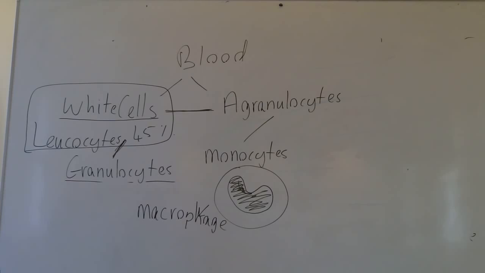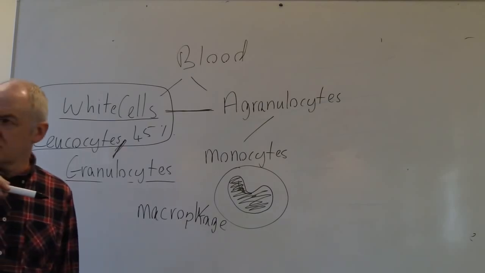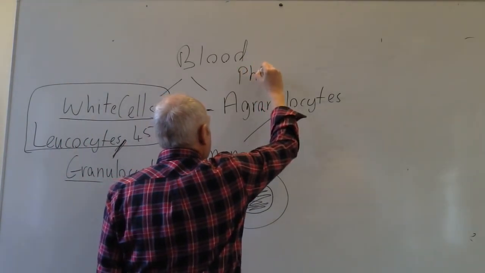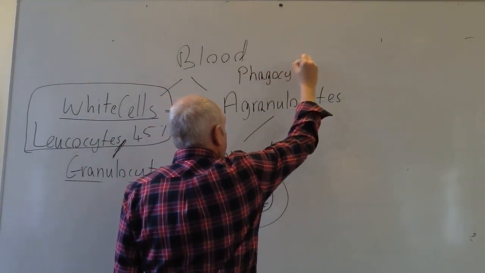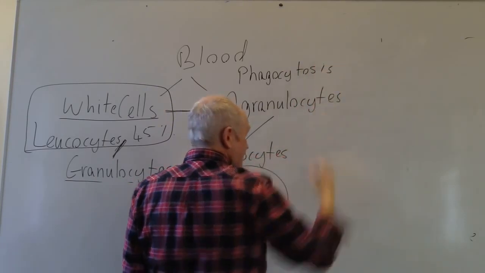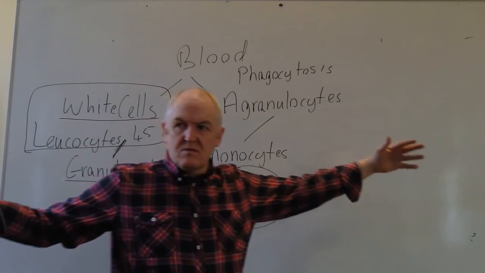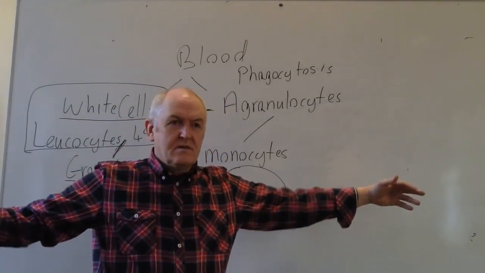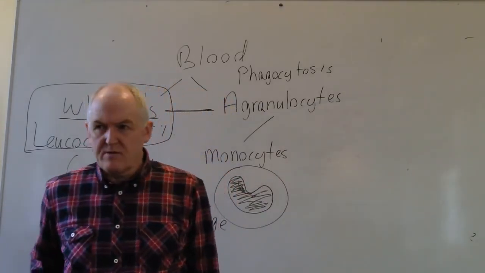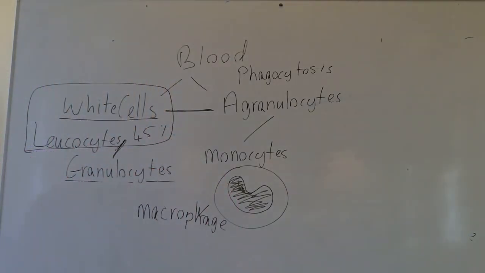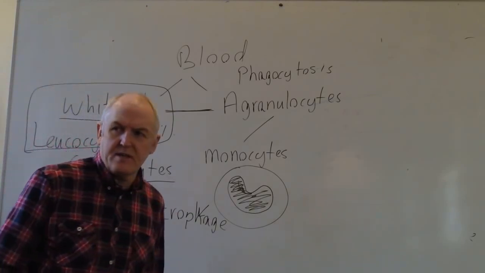Phagocytosis. Do you remember that one? Phagocytosis. Cell eating. They're very good at phagocytosis. They eat, and they become absolutely colossal in the tissues because they eat so many bacteria and dead tissue cells. They become positively huge. Great big macrophages going around in the tissues, scavenging any bacteria that they come across.